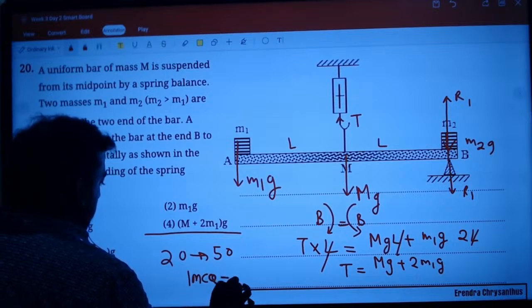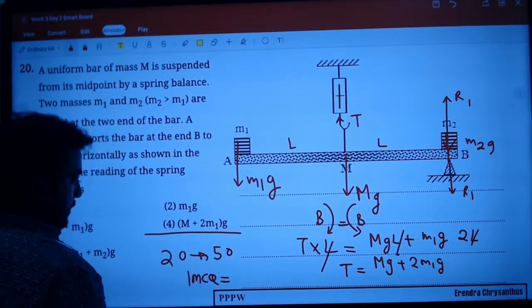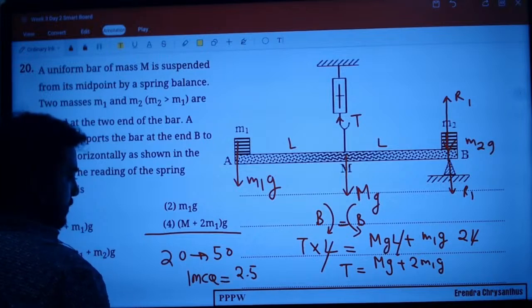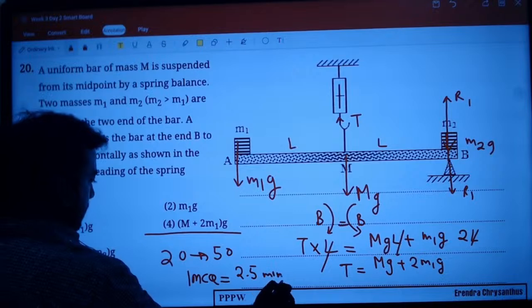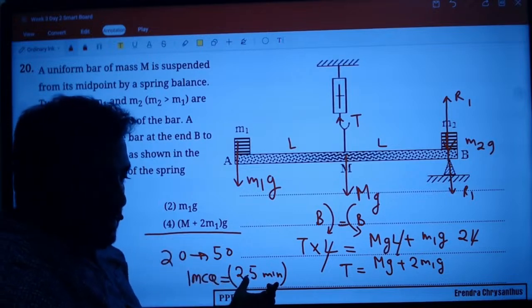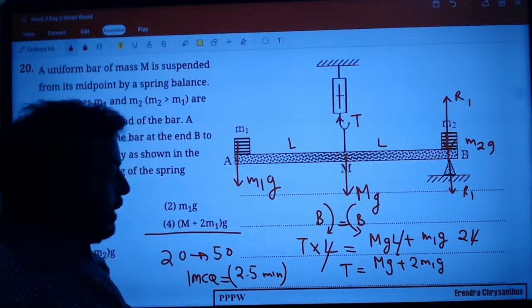One MCQ is around how much? Around 2.5 minutes. So I am verbally giving you notes as well. You should be able to do it in less than that.